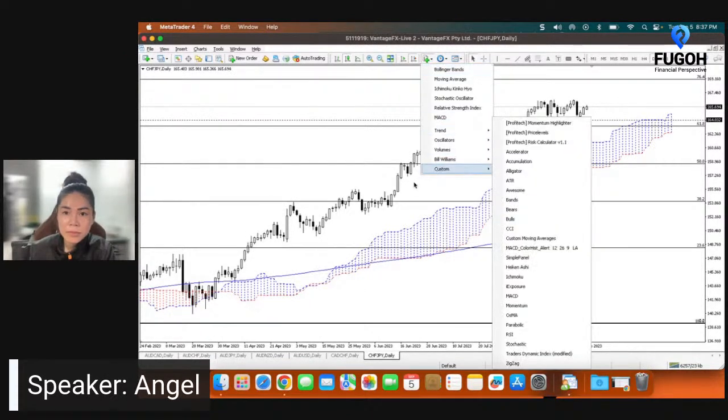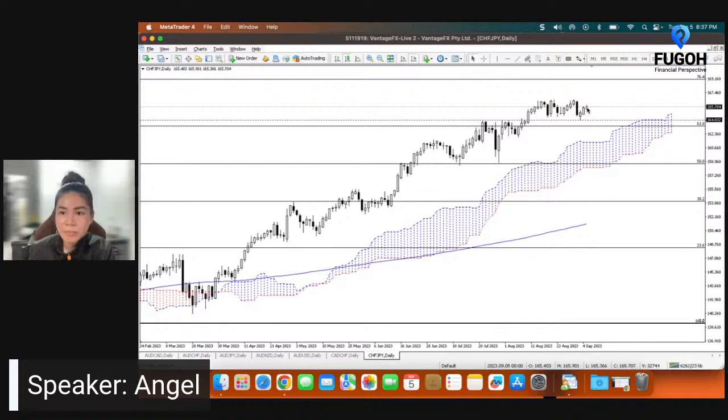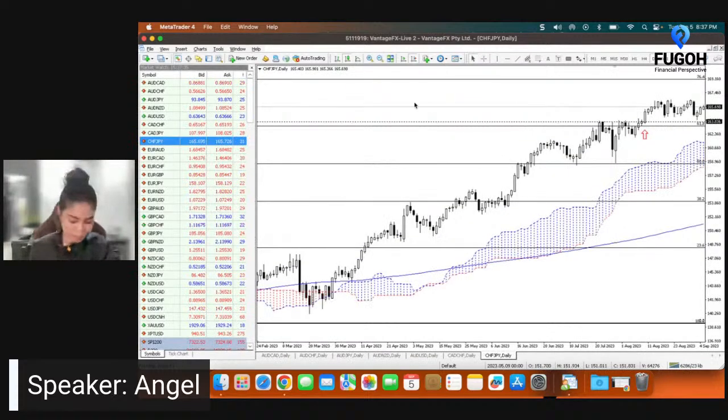Not yet. We're late, probably. Should have entered somewhere here. If you bought here, your trade will still be open, so you should still have an existing trade with Swiss yen. Let's keep that.